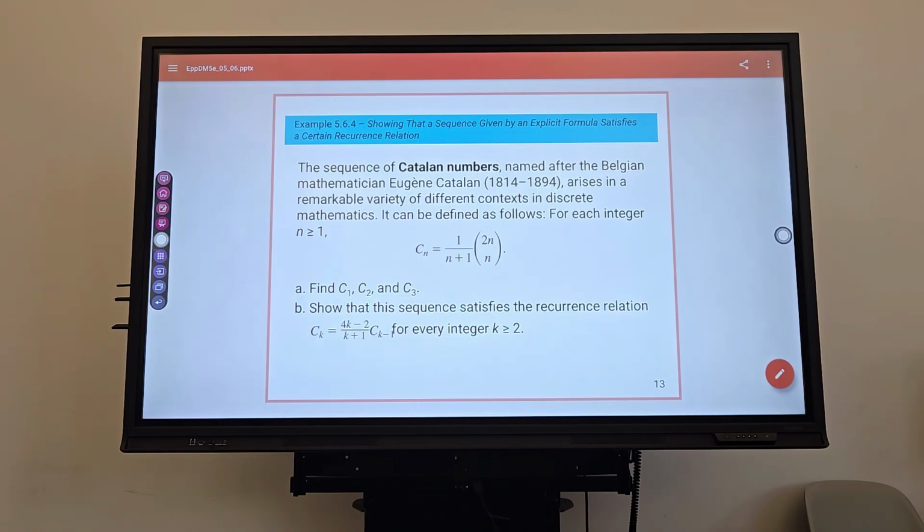Show that the sequence follows the recurrence relation c sub k equals 4k minus 2 over k plus 1 times c sub k minus 1 for every integer k greater than or equal to 2.